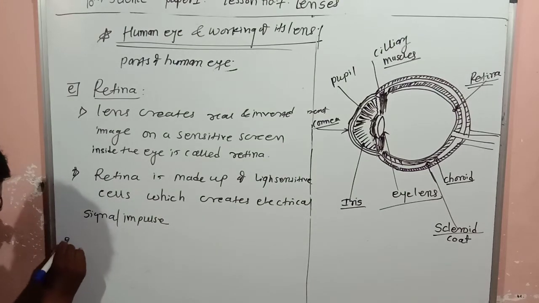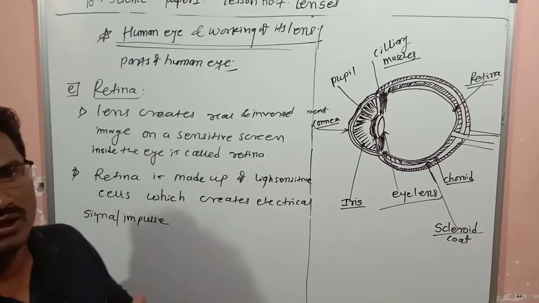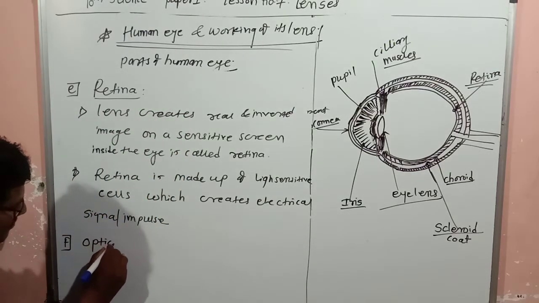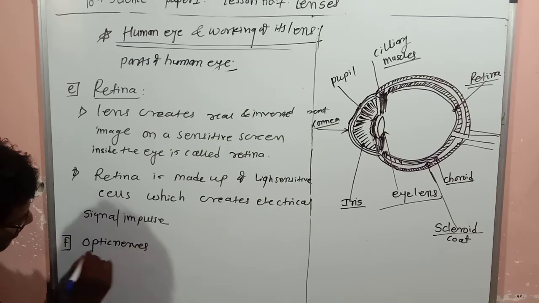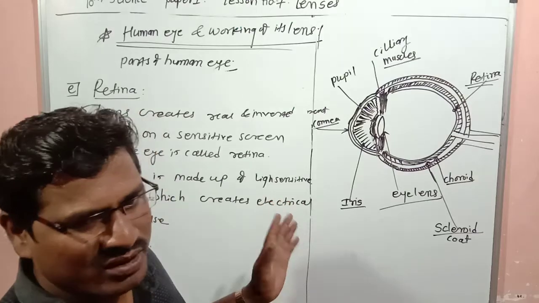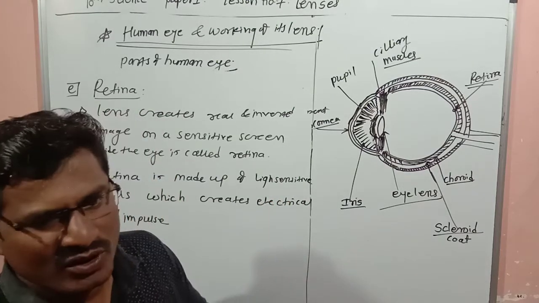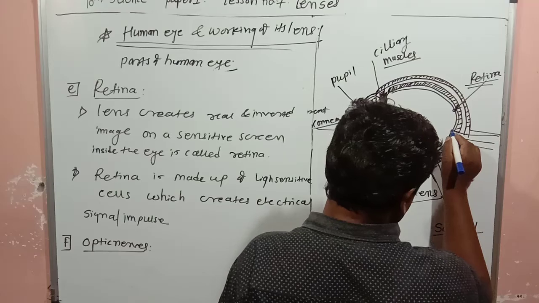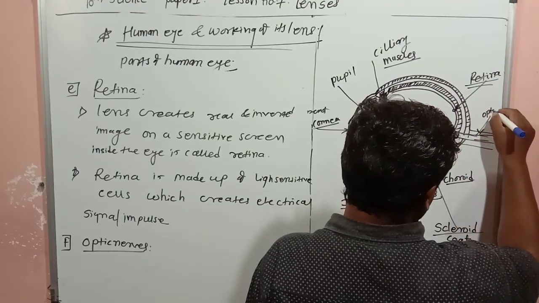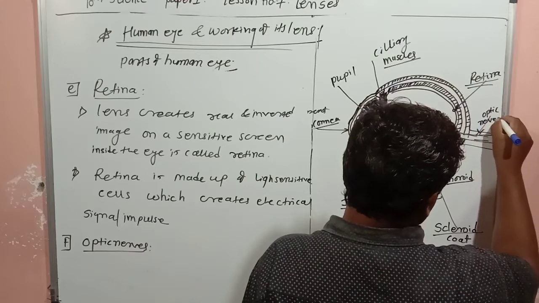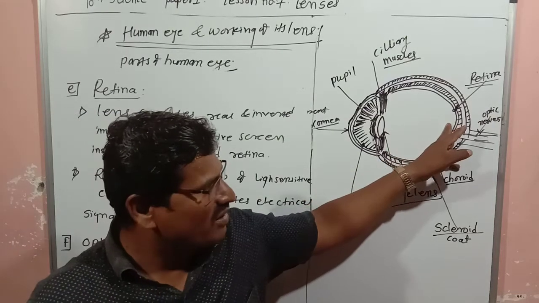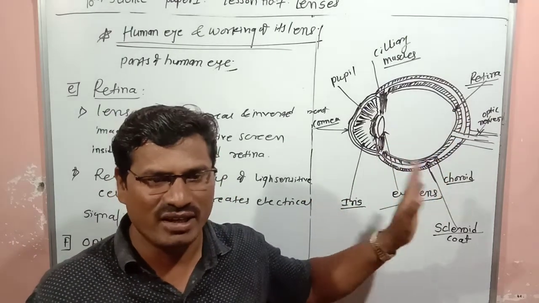So next F part is there, and that one is the optic nerves. Where are the optic nerves, and what is their function, that we will see. Suppose here will be the optic nerves, and they carry the signal or impulse created on the retina to the brain.